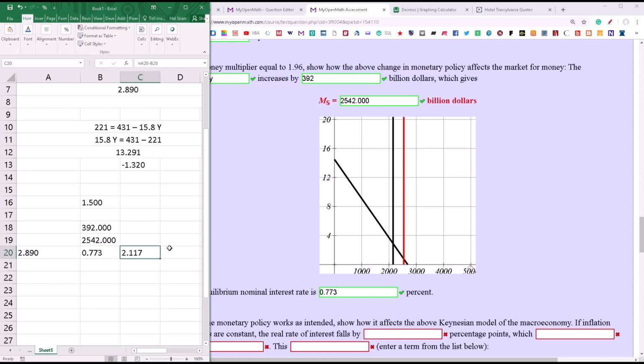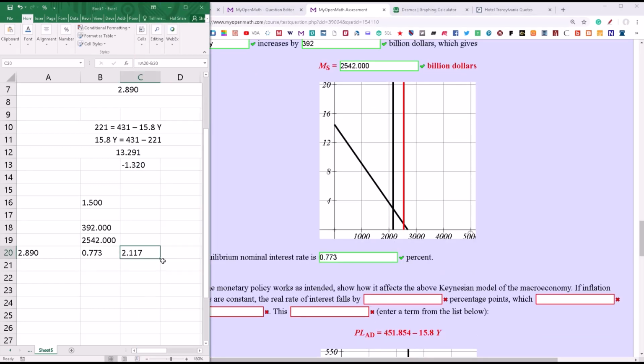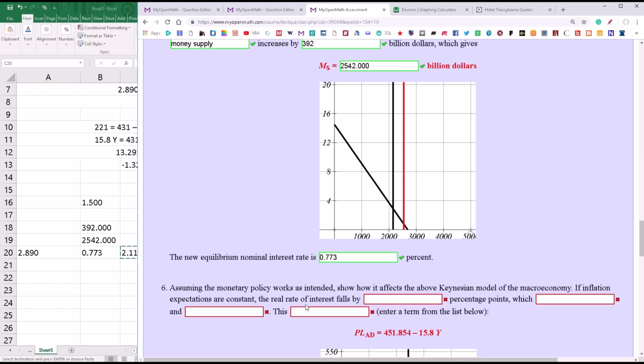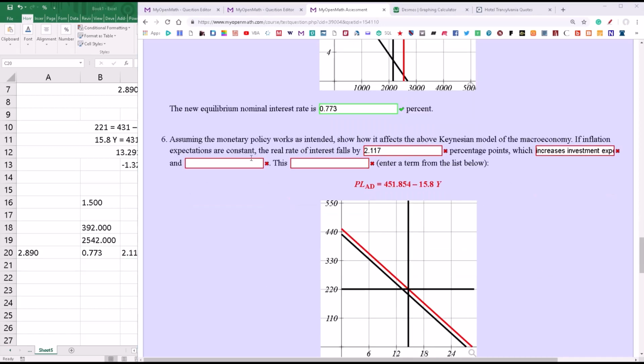So if nominal rates fall by that amount, then what? Real rates should fall by the same amount, right? Real rate will fall by that same amount if inflation expectations are constant. Which does what? That increases investment expenditures and increases exports.